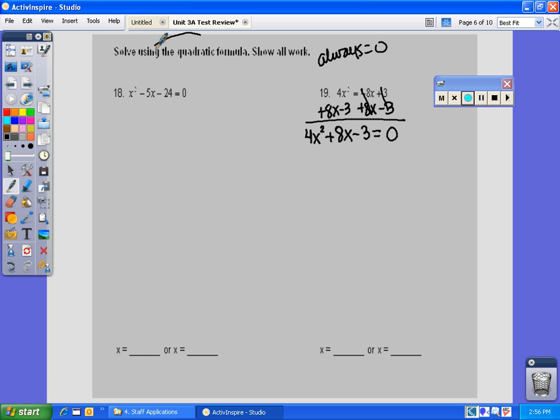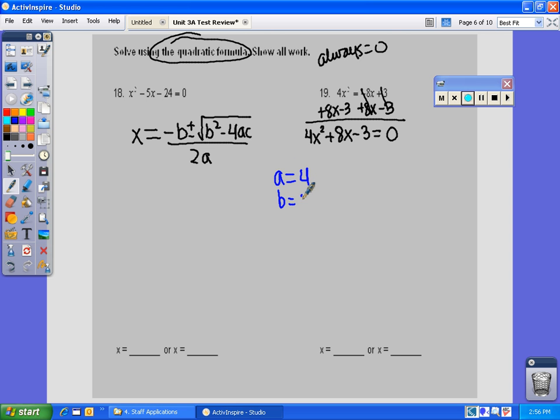This says solve by the quadratic formula, so I definitely need to use x equals negative b plus or minus square root b squared minus 4ac all over 2a. Okay, so if I look at this, a equals 4, b equals 8, and c equals negative 3.